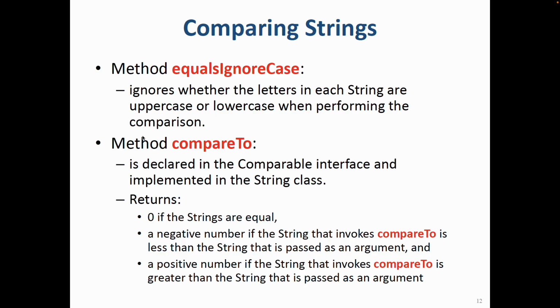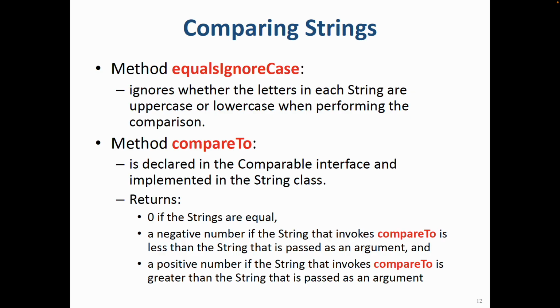If you just want to ignore the case, so that "abc" lowercase and "ABC" uppercase, or all the variations of case, give the same result, then you should use equalsIgnoreCase. And then the other one is compareTo. This is more generic, so I can compare to any strings. If they are the same, the result will be 0.